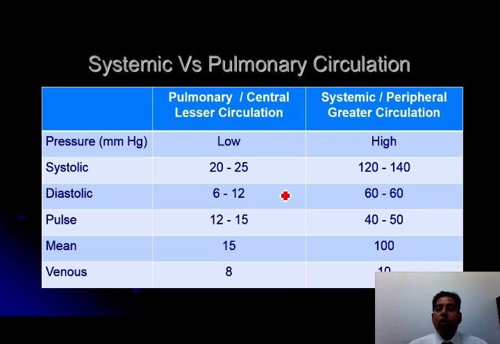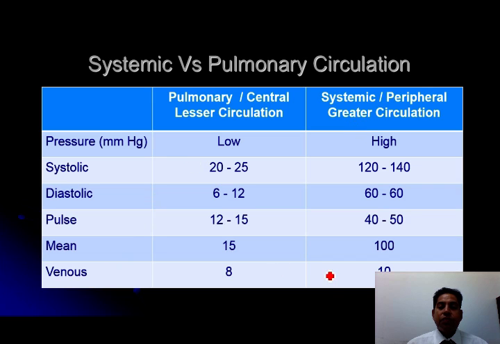If you look at this, we all know in the systemic circulation, the systolic pressure is 120 to 150 millimeters. In the case of the pulmonary circulation, the systolic pressure is only 20 to 25, whereas the diastolic pressure is 6 to 12. But the systemic circulation has a lot higher pressure. The diastolic in this can be 60 to 80, whereas the pulse pressure is 12 to 15 in pulmonary circulation, 40 to 50 in the systemic circulation.